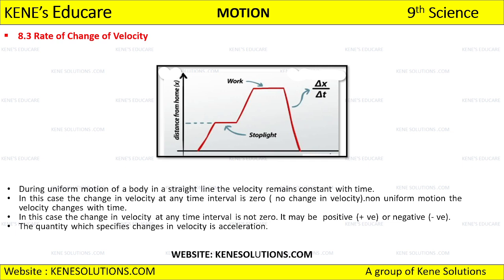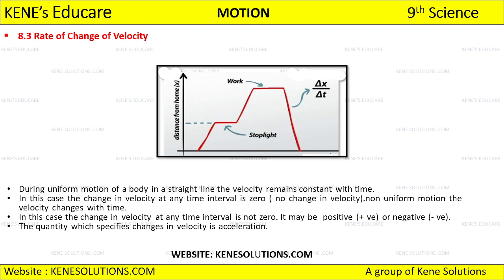Now uniform motion itself means that the velocity remains constant. But in non-uniform motion, the motion keeps on changing with time, right? And that is the reason that velocity is also going to change with time. Okay, so in this case, the change in velocity at any time interval is not zero.